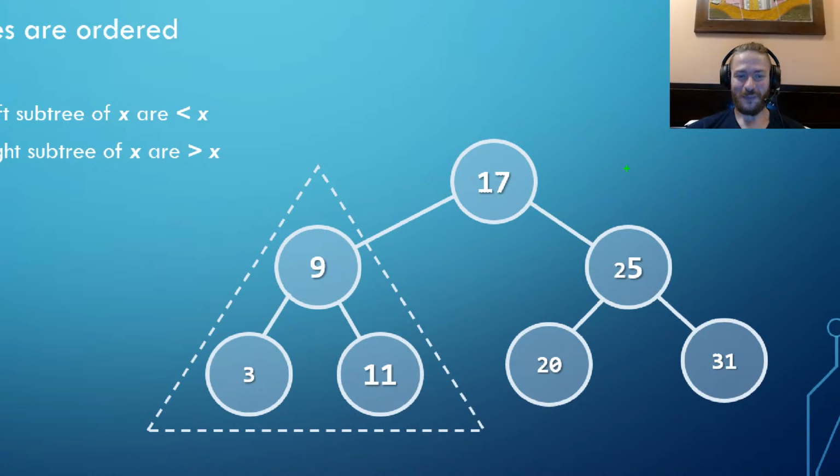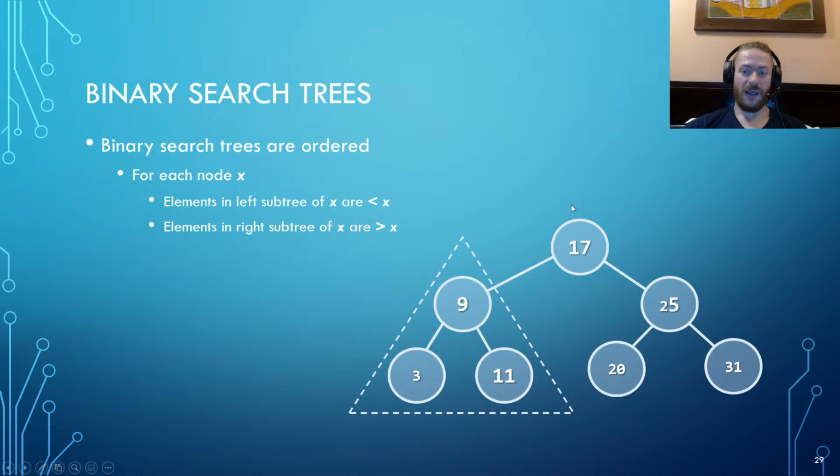If we take a look at the 9, the left tree contains only lower elements, and the right tree of the 9 contains bigger elements. So each node has smaller values on the left and bigger values on the right.